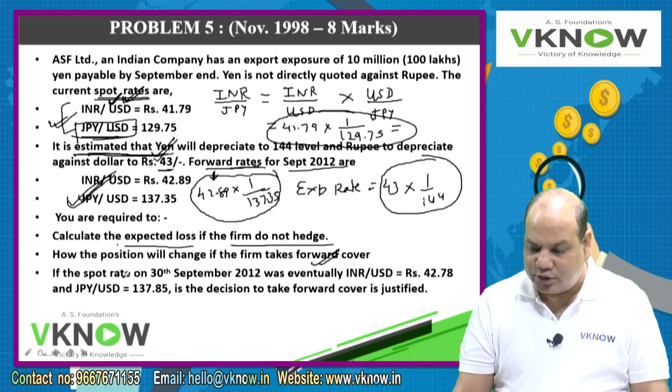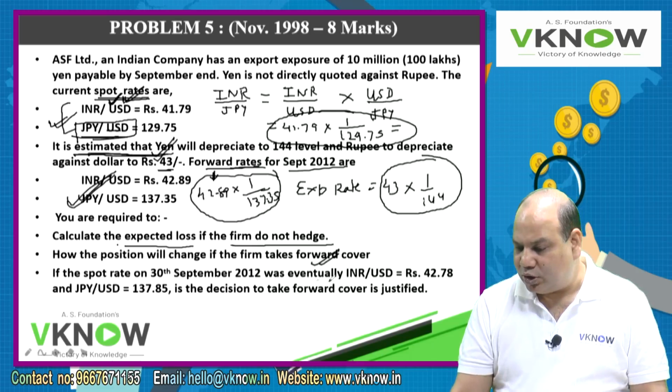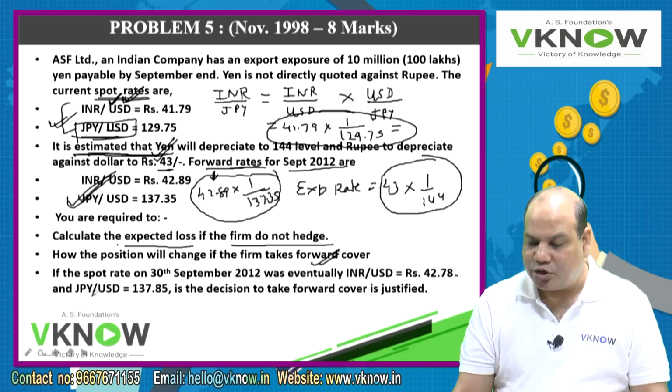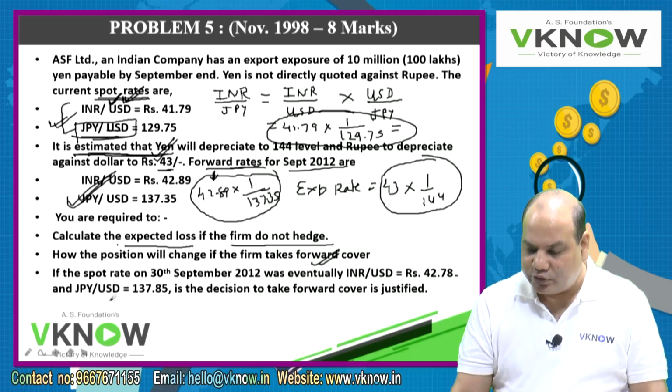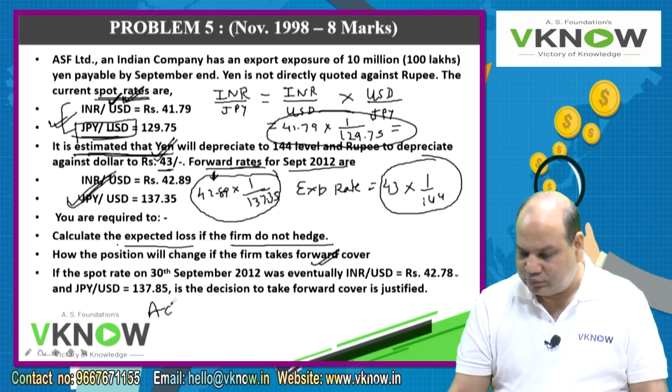Take the difference, that is your gain or loss if the firm takes forward cover. And the third question is, if the spot rate on 30th September 2012 was eventually INR per USD 42.78 and JPY per USD, this is the actual rate. This is for post-mortem purpose.